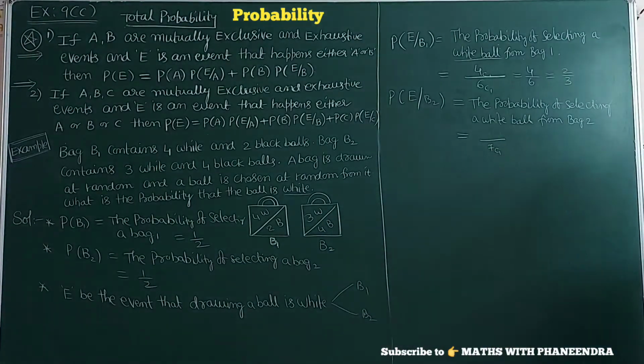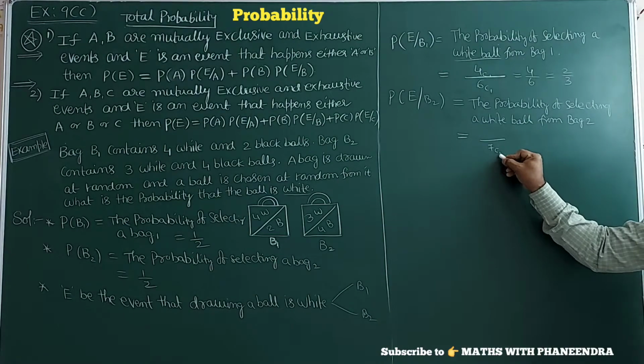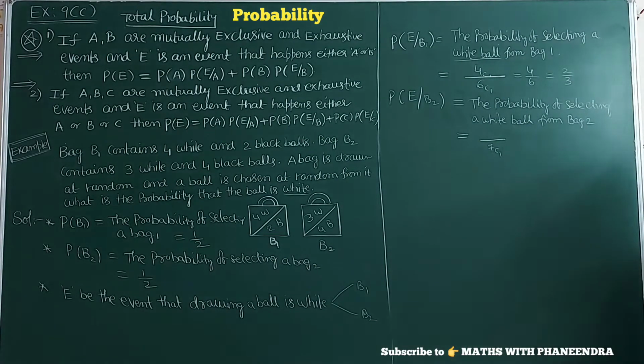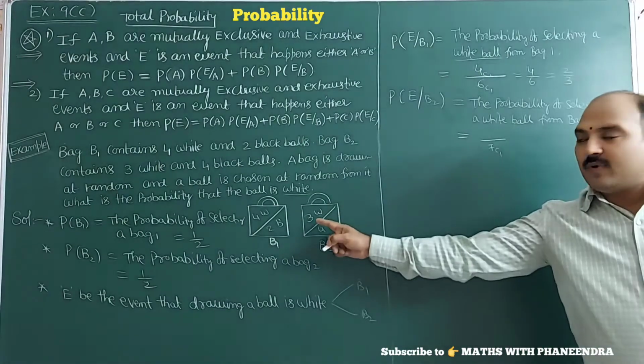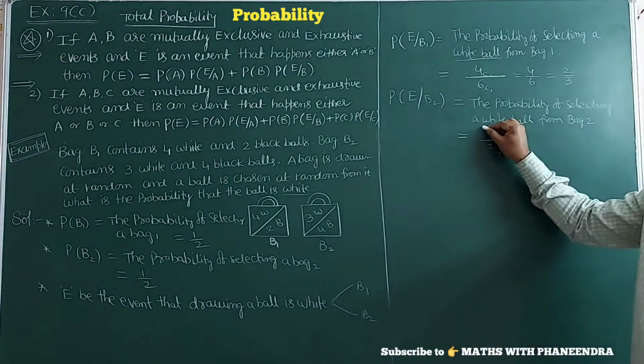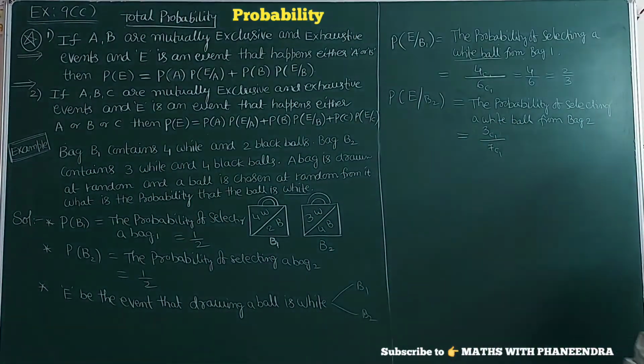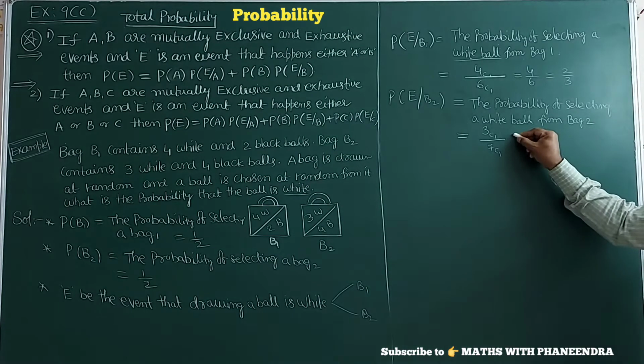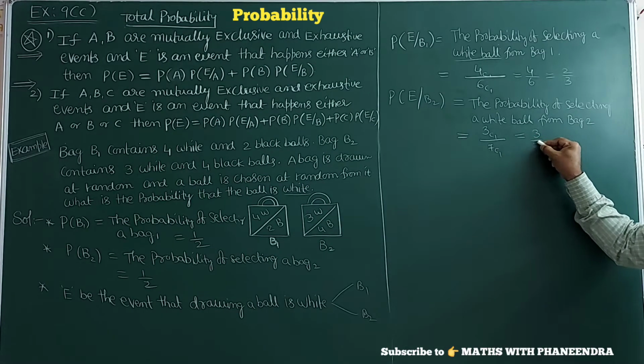From 7 balls we can select one ball in 7C1 ways. And white balls, how many white balls are there? 3 white balls are there. From 3 white balls we can select one white ball in 3C1 ways. So 3 divided by 7.